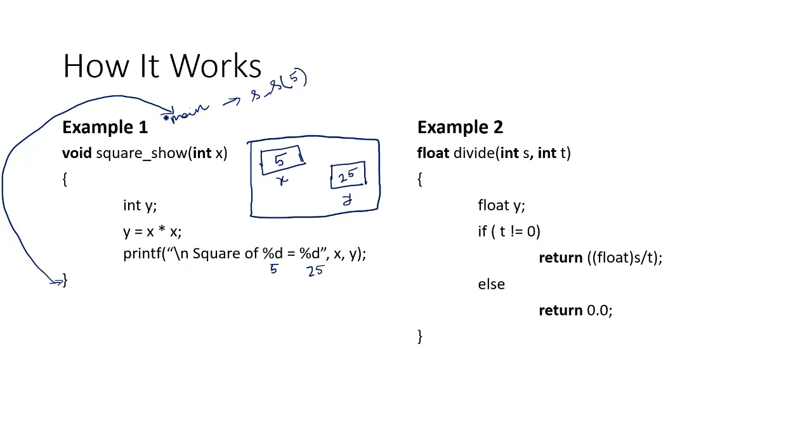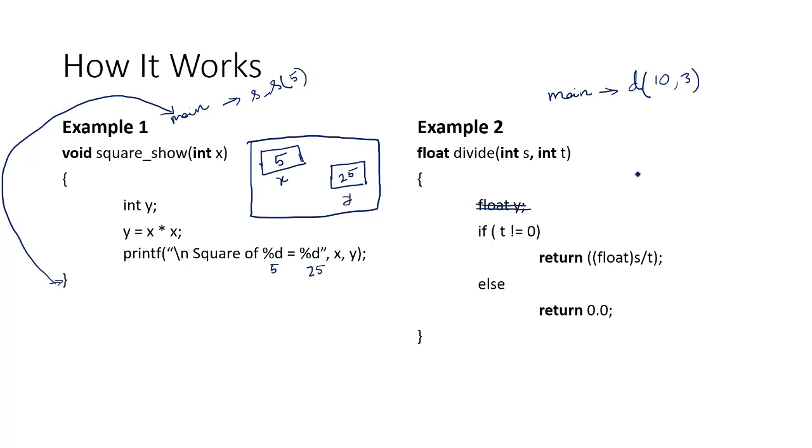Now let us take example 2. In example 2, once again we are considering that the main function is calling the divide function, which we are mentioning by d, with the parameters 10 and 3. So s value is 10 and t value is 3. Once again remember, the y variable is not required over here.